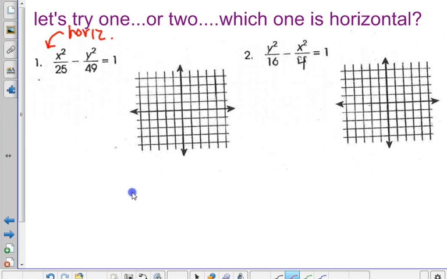I'm going to use a different scale. Can we count by 2s? Because otherwise it's not even going to come close to fitting. Okay? Does anybody know how far out I have to go on the x? Yes. That's a squared, so a is going to be 5. So 2, 4, 5.